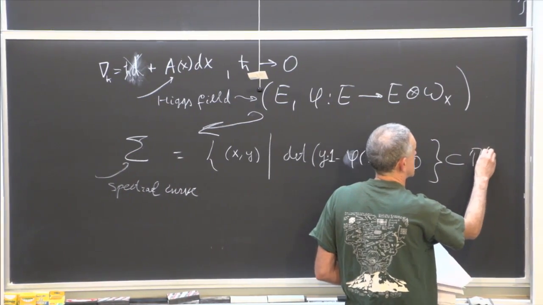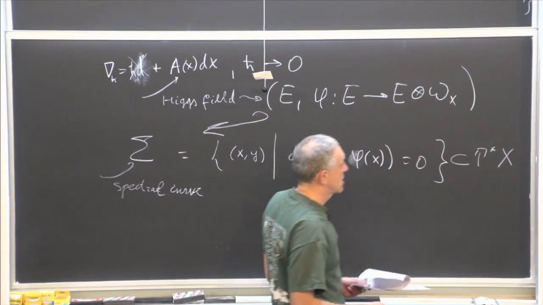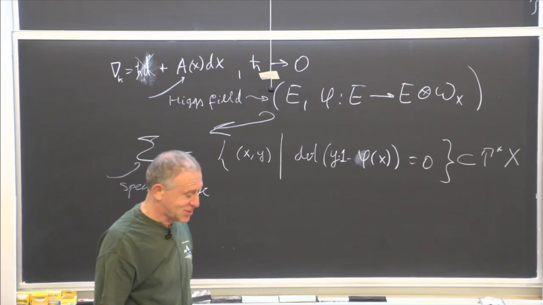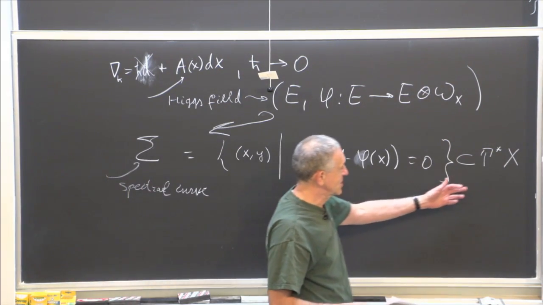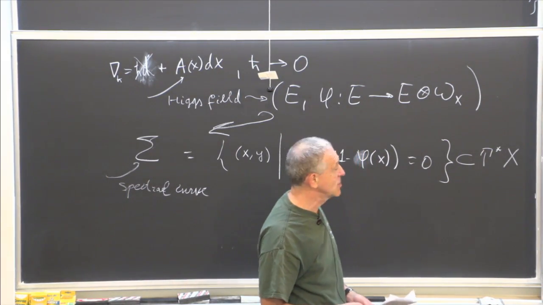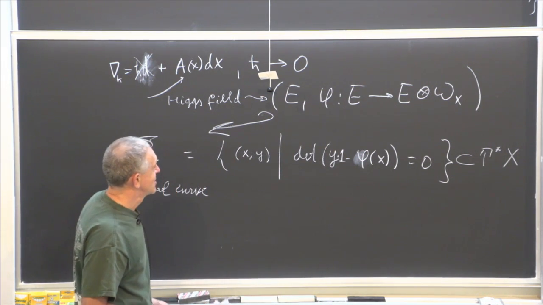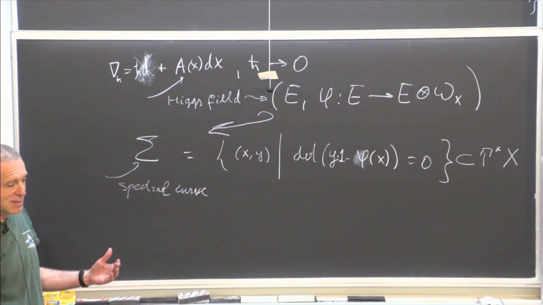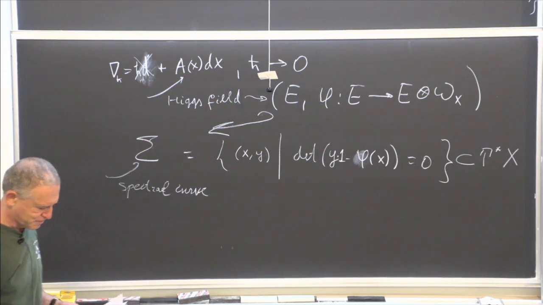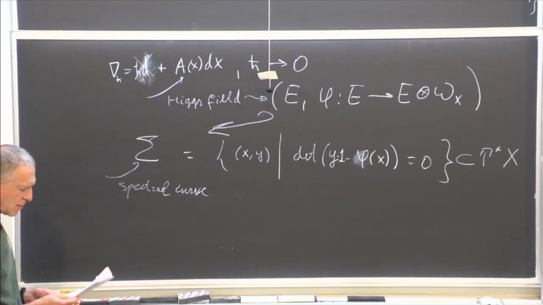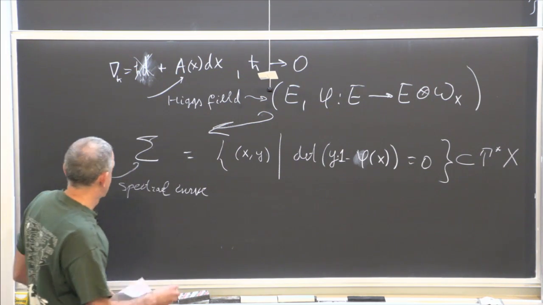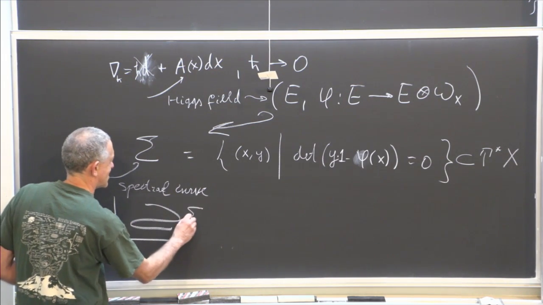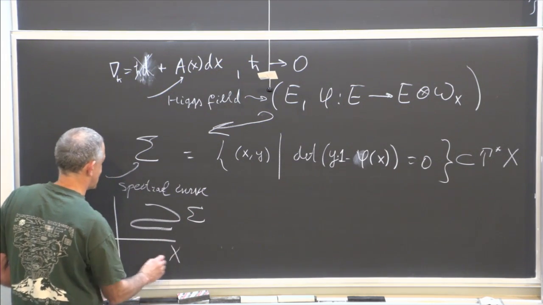So then it sits in the cotangent bundle. Since our cotangent bundle is a complex symplectic manifold, non-compact, the spectral curve is a Lagrangian subvariety, not necessarily smooth in general. Okay, so this is a picture. This is something like sigma, this is x.